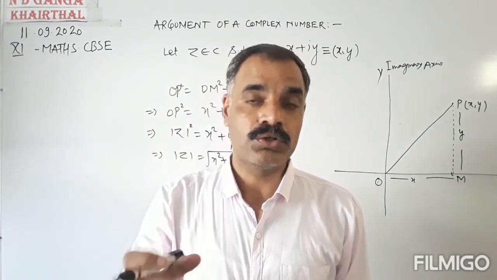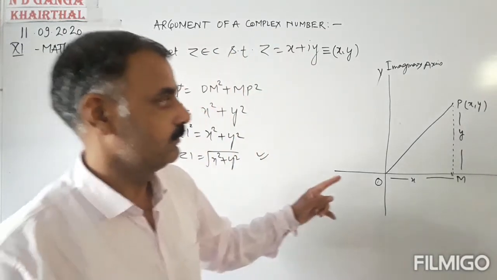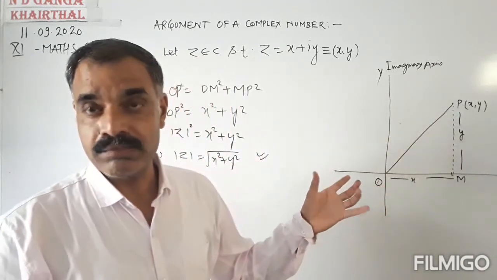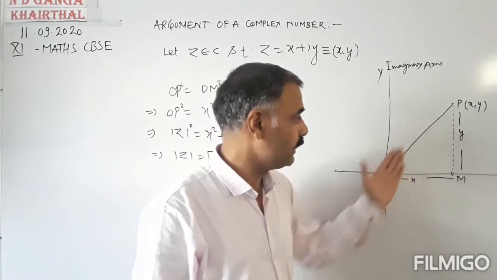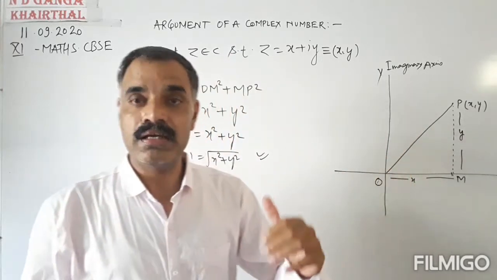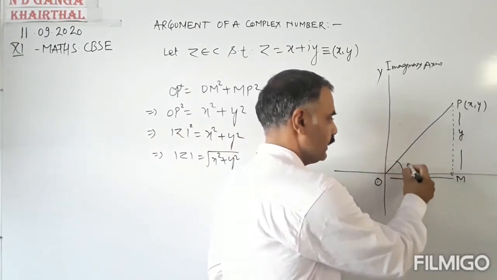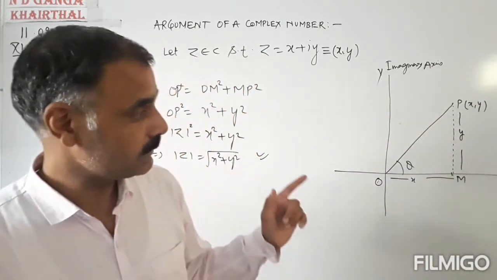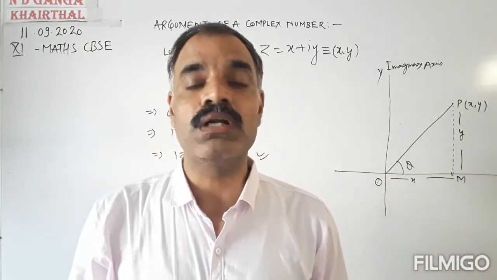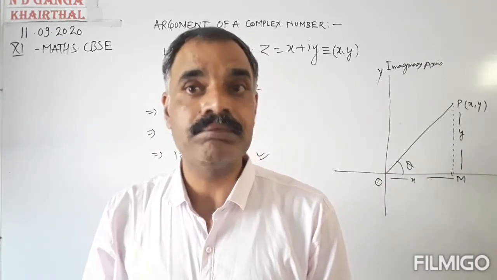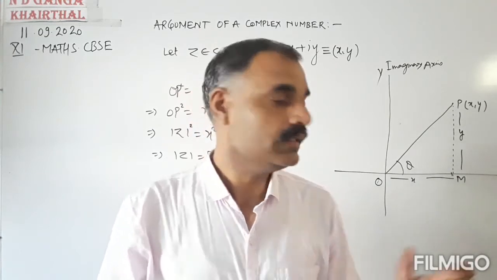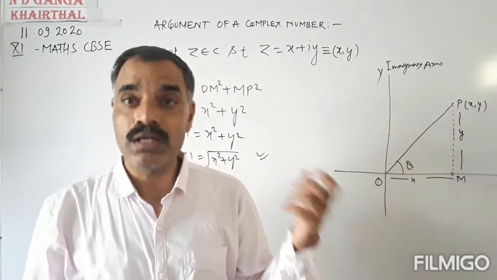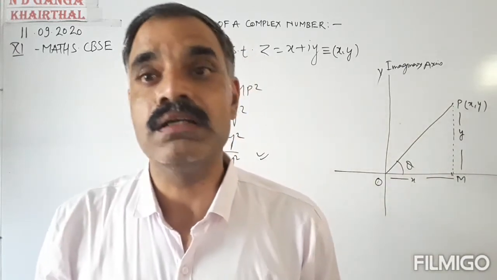Now we are talking about the argument. O is the origin and P is the point representing the complex number. The line OP makes an angle theta with the positive direction of the x-axis, and this angle theta is called the argument or the amplitude of the complex number z.